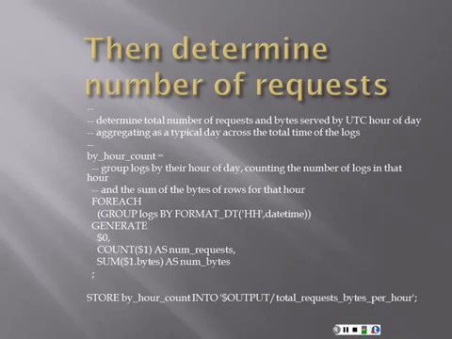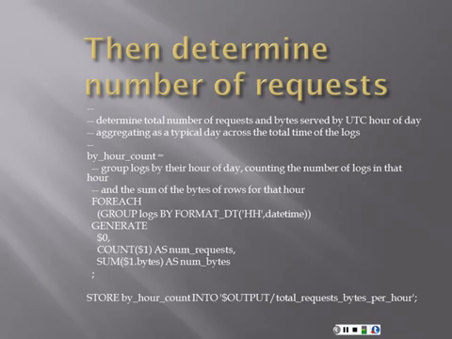Right? And so we group logs by their hour of the day, counting the number of logs in that hour. So if you have 5 logs in hour 1 and 20 logs in hour 6, it will give you a graph of 5, 0, 0, 0, 0, 20. And then the sum of each bytes a row for that. So basically all it's doing is counting and then summing it.